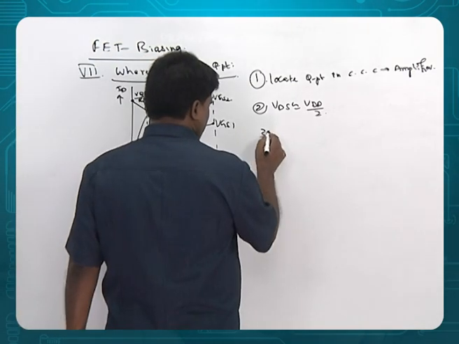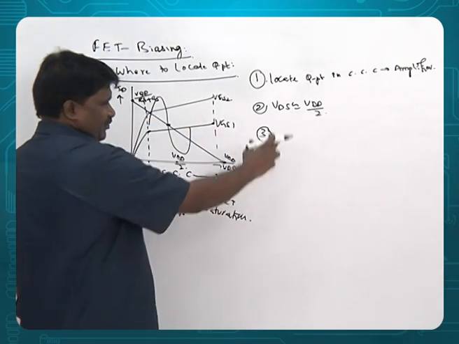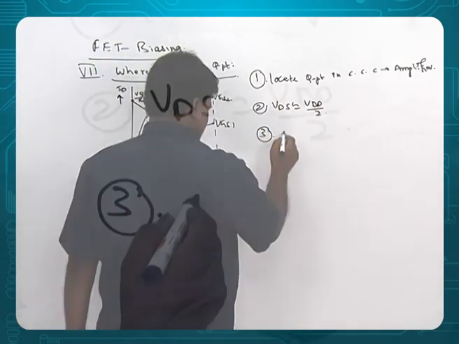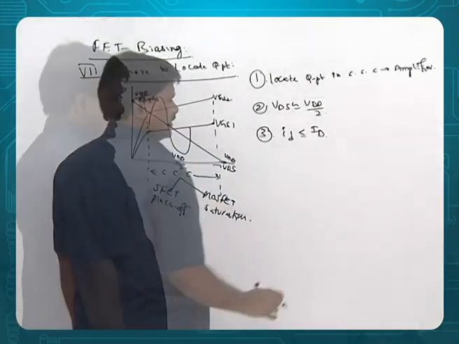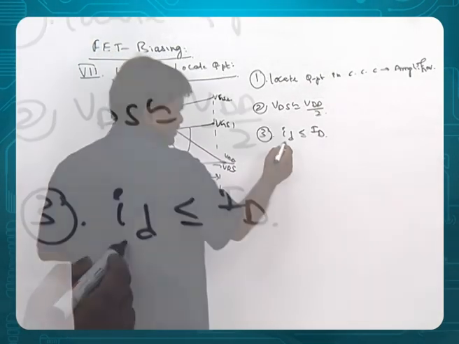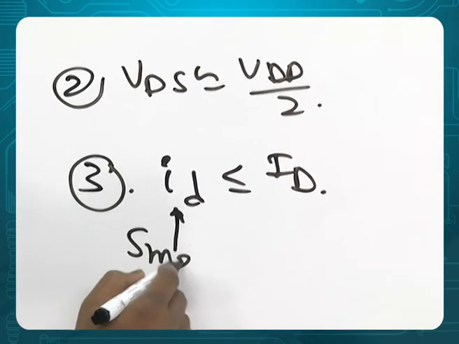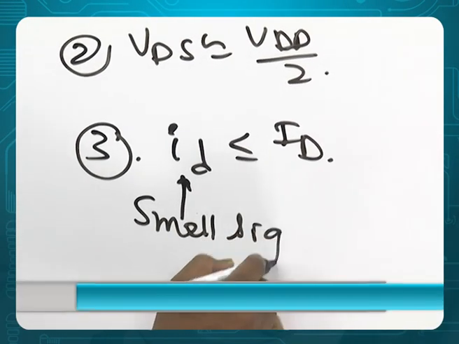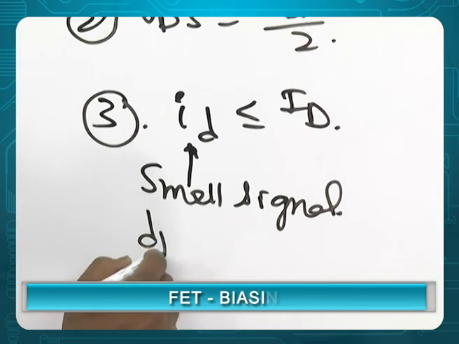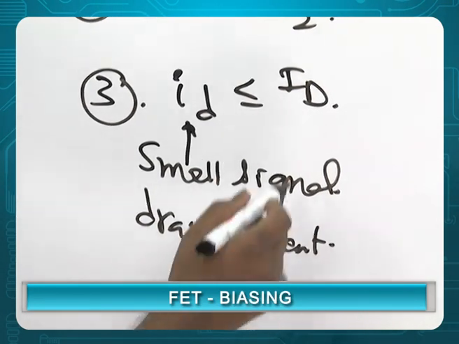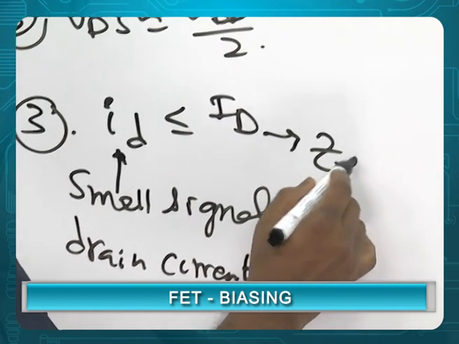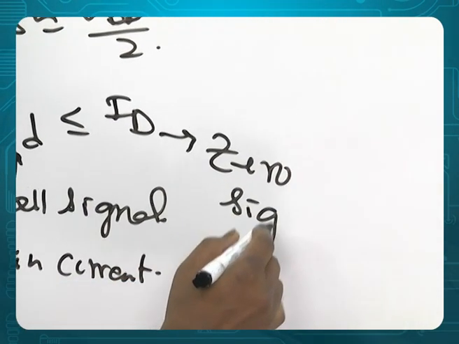Approximately, there is nothing exact like that, so that you can have maximum voltage. Small ID less than or equal to capital ID. This is called small signal drain current, and this is called zero signal drain current.